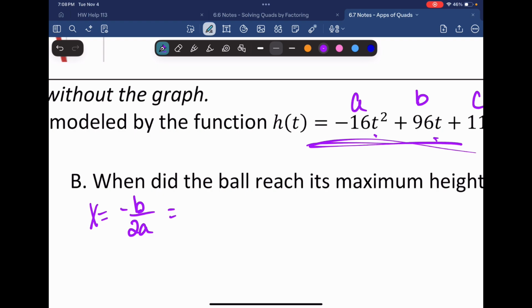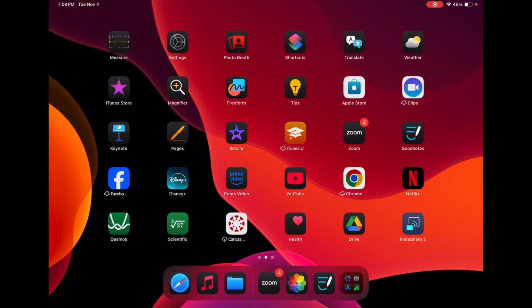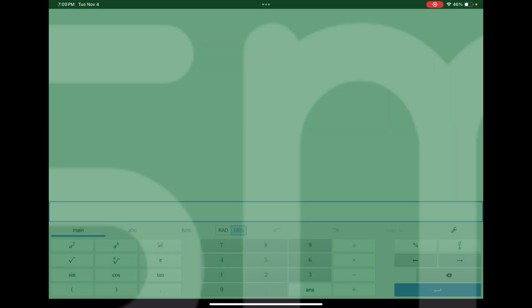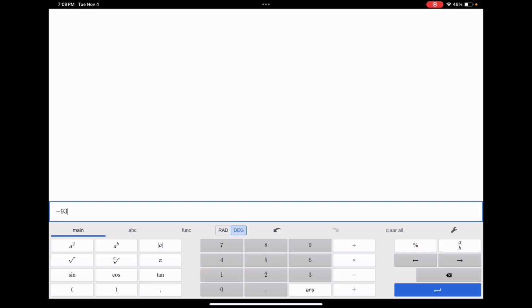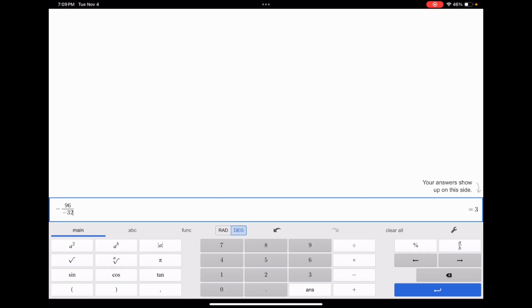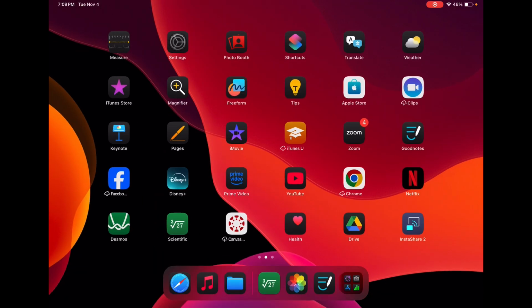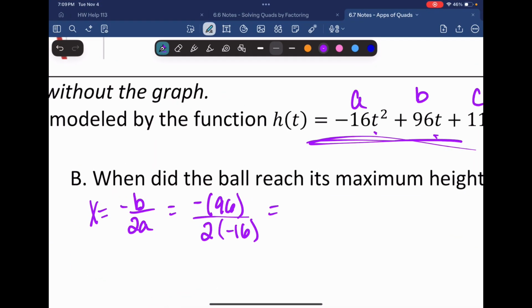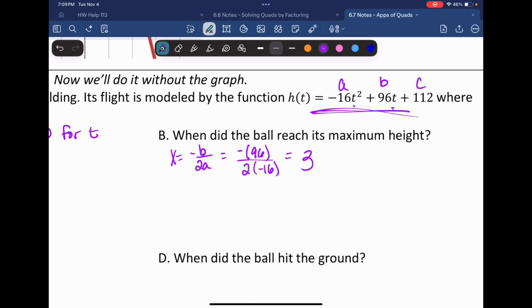So my b is 96, so negative 96. My a, negative 16. All right, so negative, that's a calculator. Negative 96 divided by negative 32 is 3. So it took 3 seconds to reach max height.